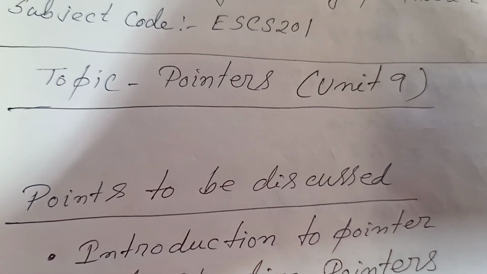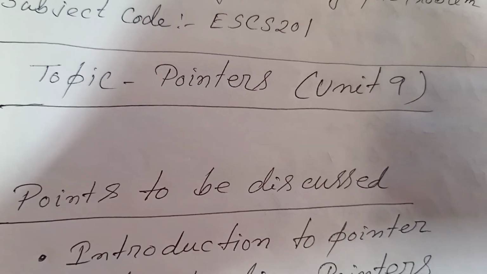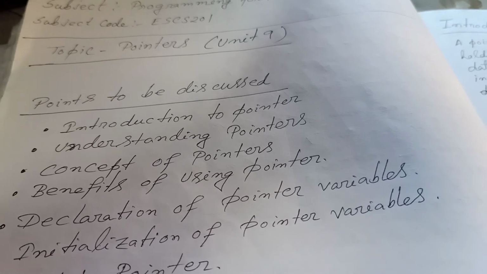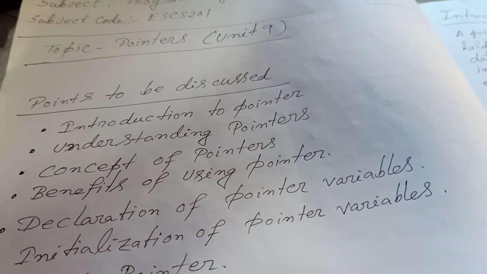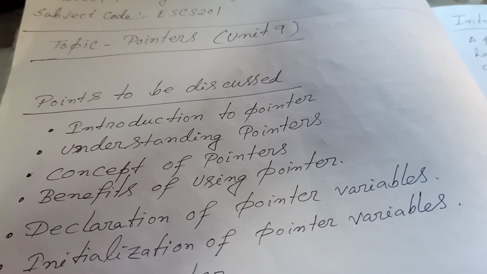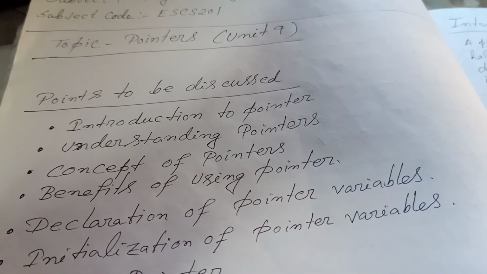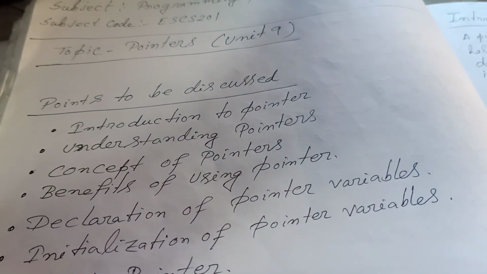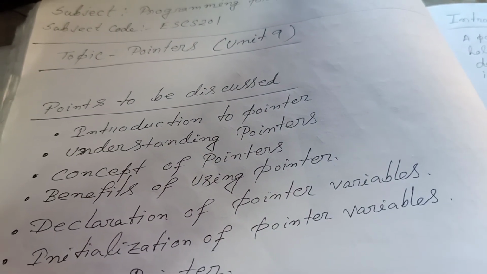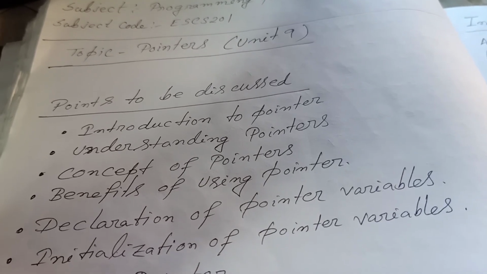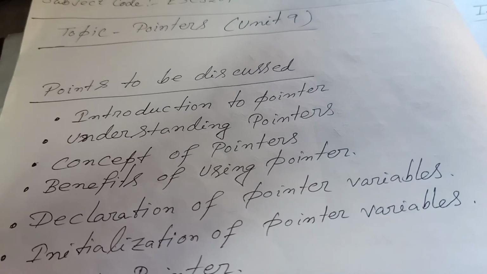Okay. So the points to be discussed today: first, an introduction to pointer. Then we understand the pointers. What are pointers? Then we discuss the concept of pointers. Then the benefits of using pointers are also discussed.